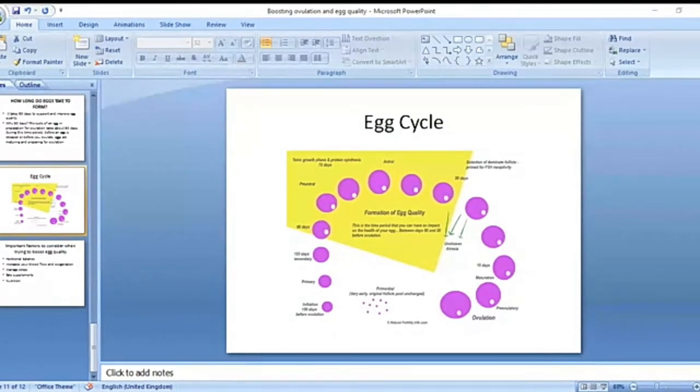When we get to that part, I'm going to talk about it. But right now, you have a window of impact on your egg quality as it moves.